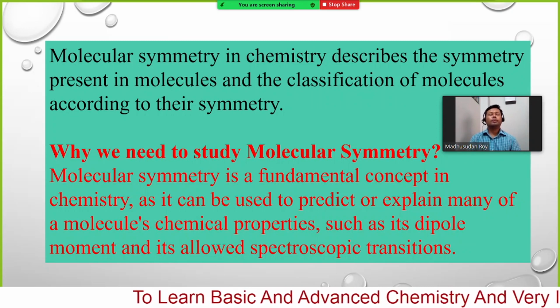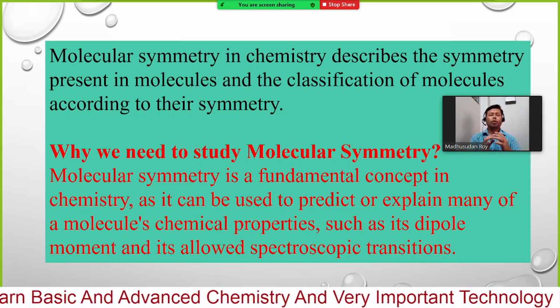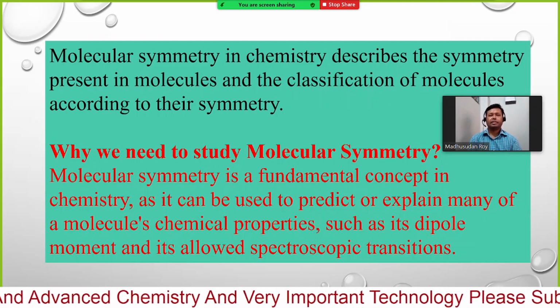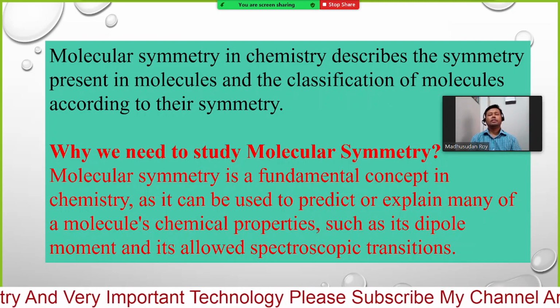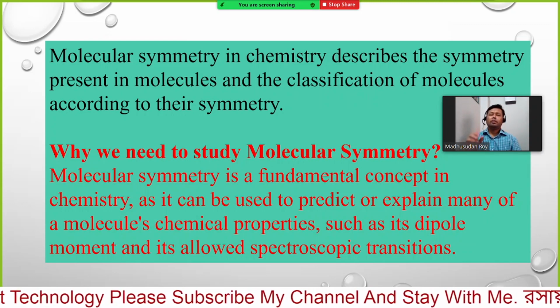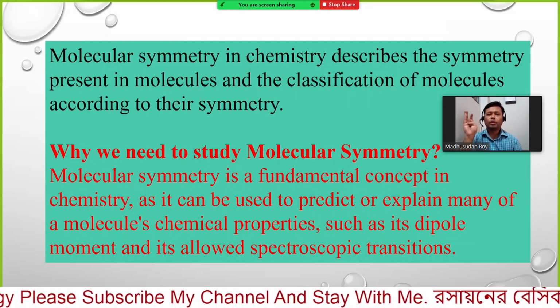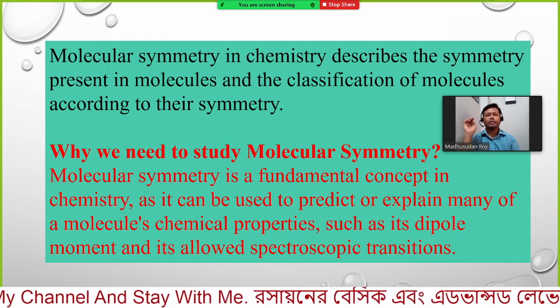You are familiar with the periodic table. How have we classified it? Based on some characteristics. How are the characteristics defined? If the atoms have the same number of electrons in the outermost shell, they will have similar properties.